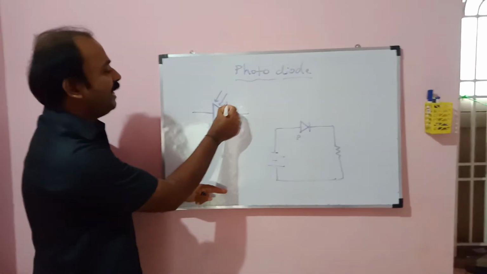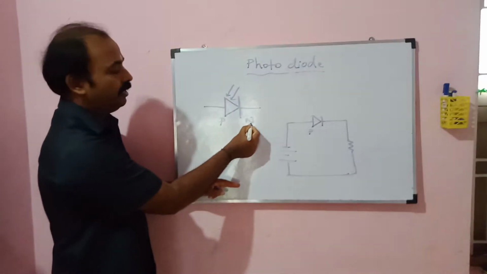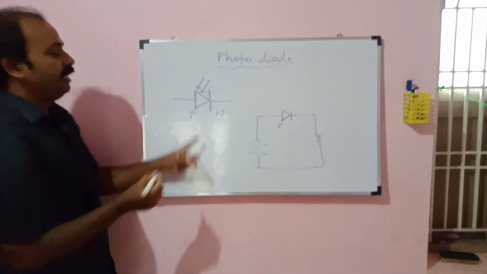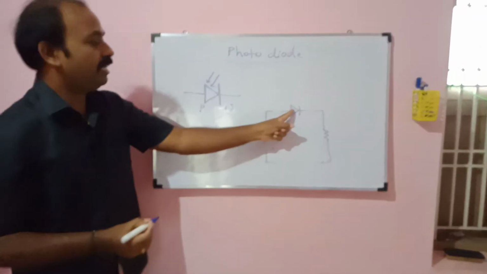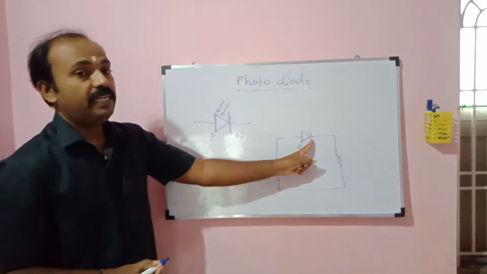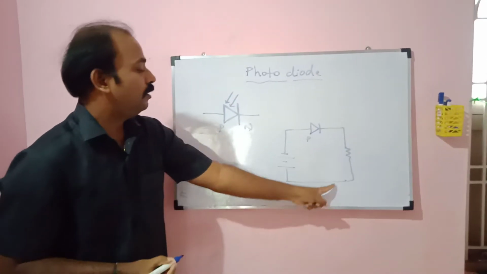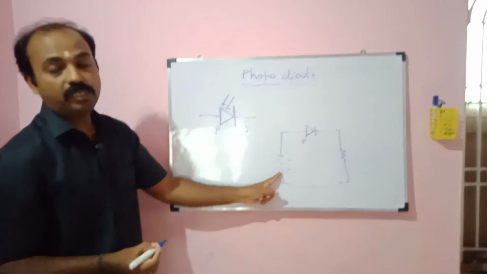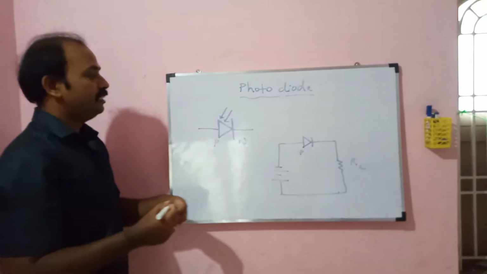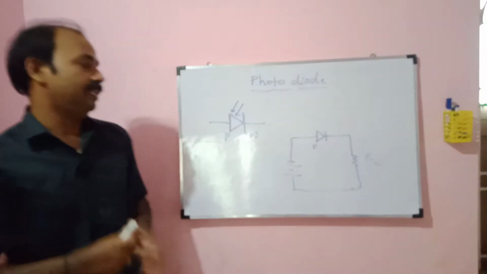Here this line indicates the N type semiconductor, and this triangle symbol indicates the P type semiconductor. So the P type semiconductor is connected to the negative terminal of the battery, and the N type semiconductor is connected to the positive terminal of the battery through a load resistance. This is named reverse bias.